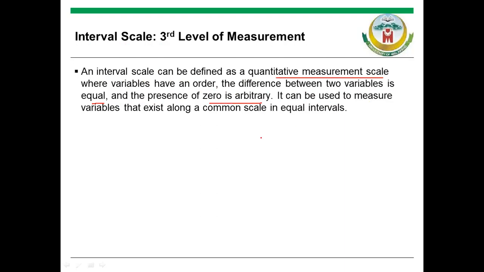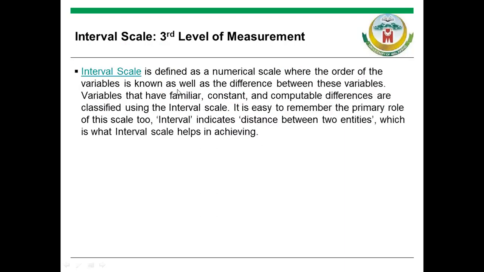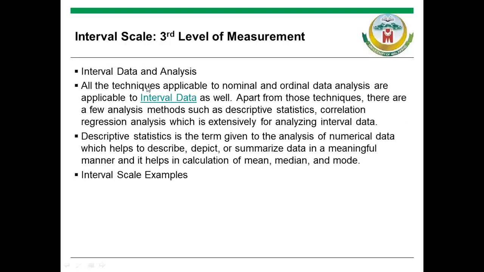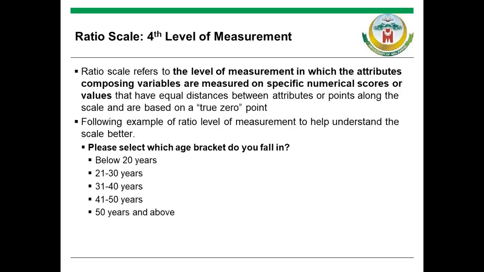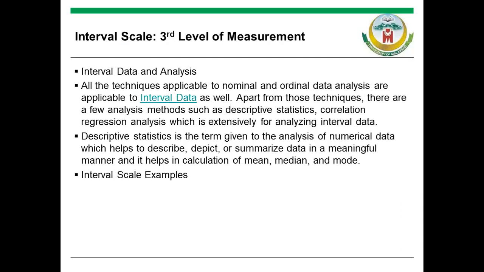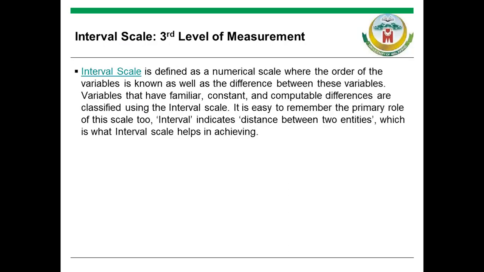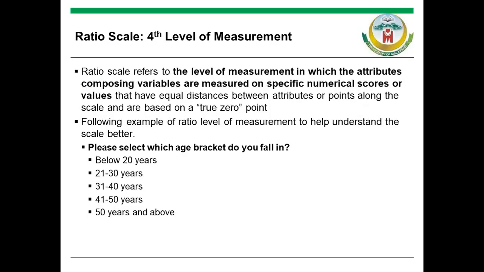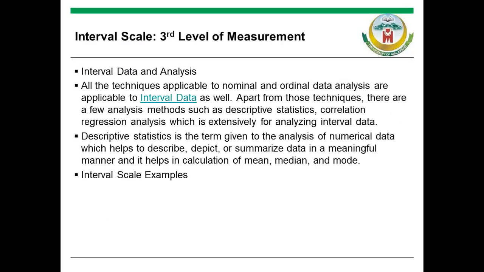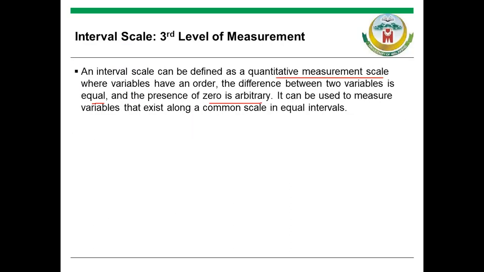Okay, now again we will go to an example. Let's say, okay, interval example. These are ratio examples. I think we don't have interval examples, I have missed these, but the interval example is the different interval.